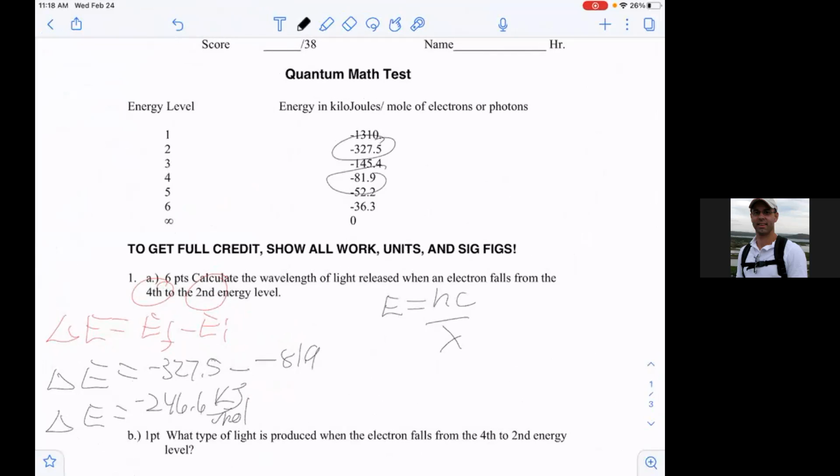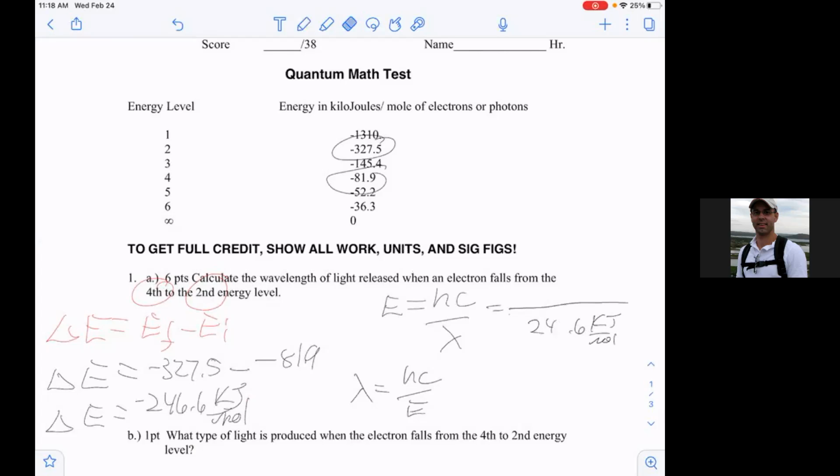So we have to do a little bit of algebra. So we solve for wavelength, Aiden. Now, what about Planck's constant? I know my energy is 245.